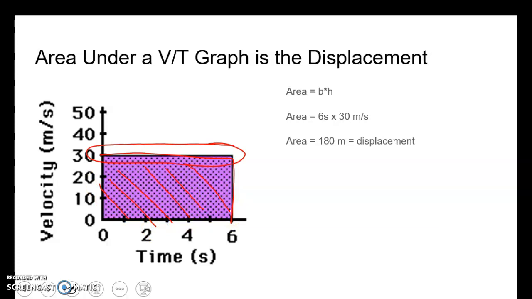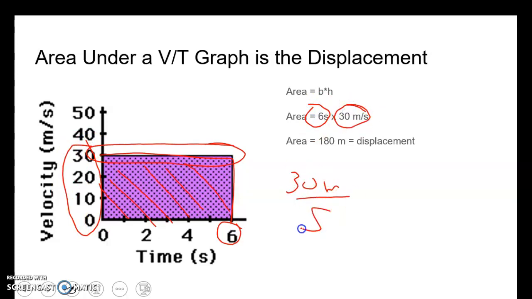And in doing so, the area of our rectangle is base times height. So our base is 6 seconds, right? And our height is 30 meters per second. We take 30 meters per second and multiply it by 6 seconds. We get 180 meters, which is our displacement. So the area under a VT graph is our displacement, and we will also look at that from time to time.